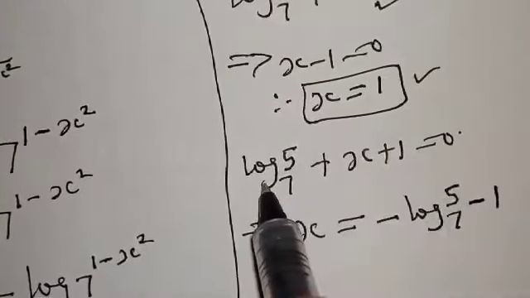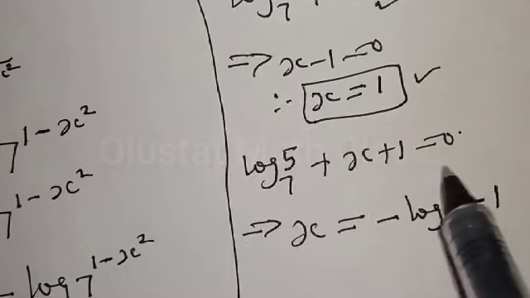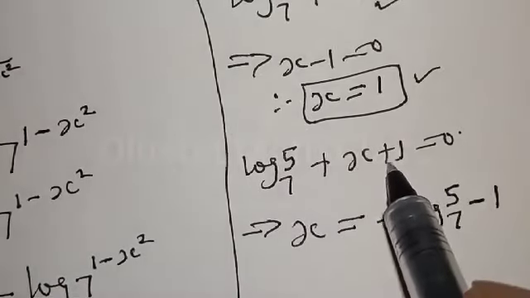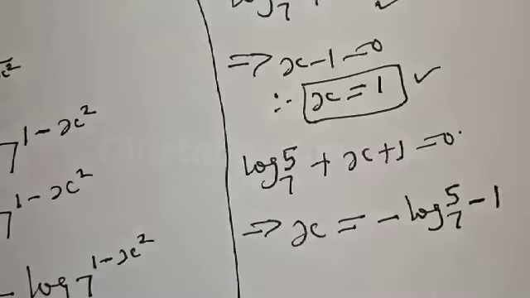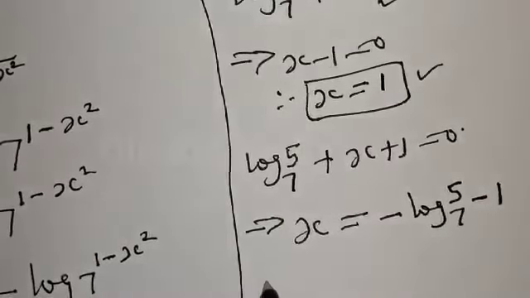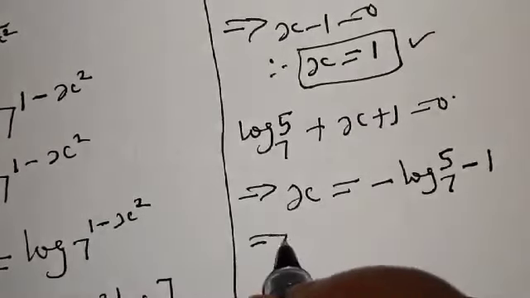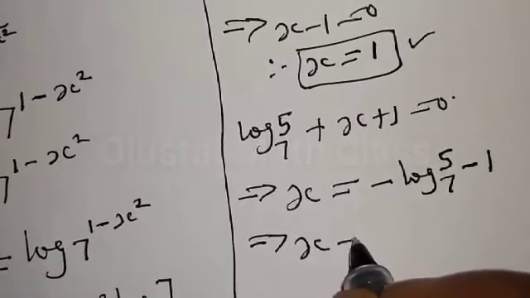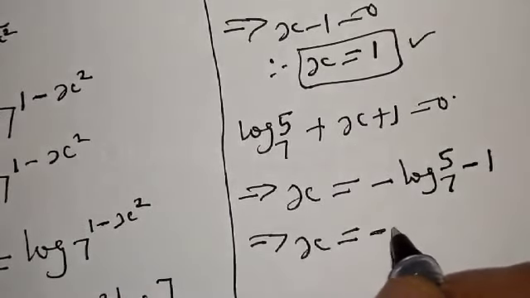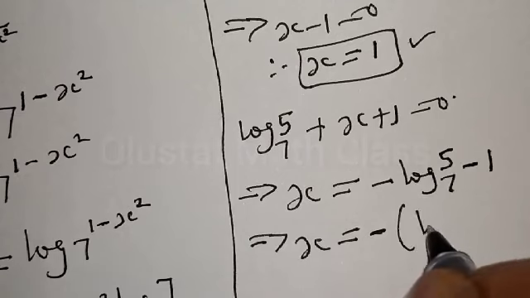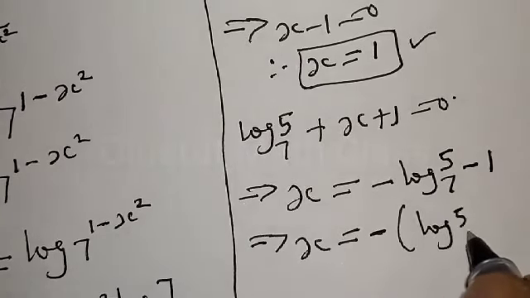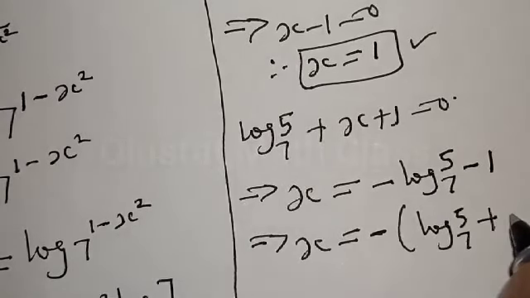That is, if plus log 5 base 7 crosses the other side, it becomes minus. Then if this plus 1 crosses the other side, it becomes minus 1. Then x will be equal to minus into log 5 base 7 plus 1.